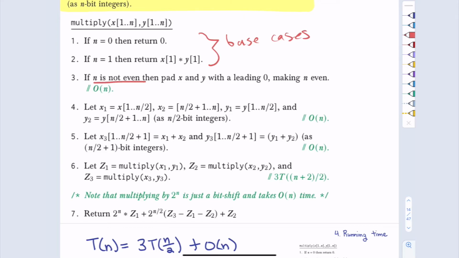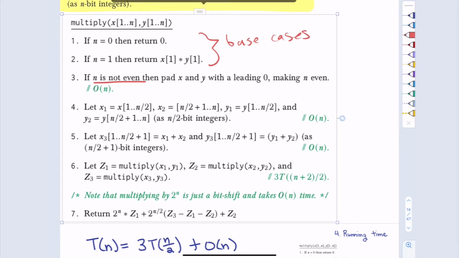Here I'm just padding a 0 if it's not even. I'm padding a 0 to make it even, just so I don't have to write like n over 2 up and n over 2 down everywhere. We split it in half. And here are the recursive calls.